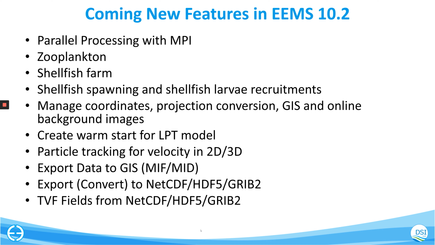It'll definitely include these components, and optionally include these. We'll get as far as we can, and then we're going to cut it off, release 10.2, and then keep working on these, and these will be 10.3. So about every 6 months, we want to issue a new incremental update to EEMS.